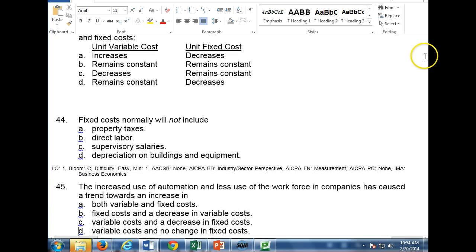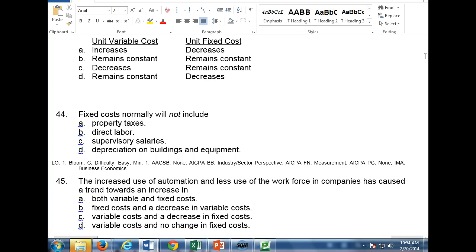The increased use of automation and less use of the workforce in companies has caused a trend towards an increase in both variable and fixed cost, a decrease in variable costs and a decrease in fixed cost, or a decrease in variable cost and no change in fixed cost.